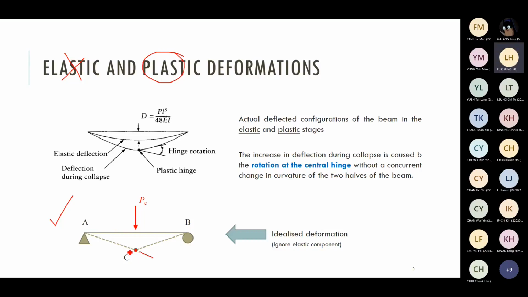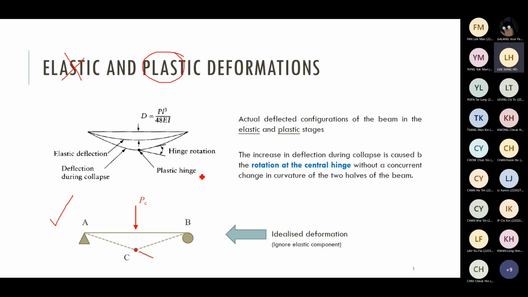Region AC, in theory, should have some bending due to elastic behavior, right? But you ignore this elastic part. So what remains? A straight line. Portion AB becomes a straight line, portion CD becomes a straight line, and you only have plastic rotation at point C.